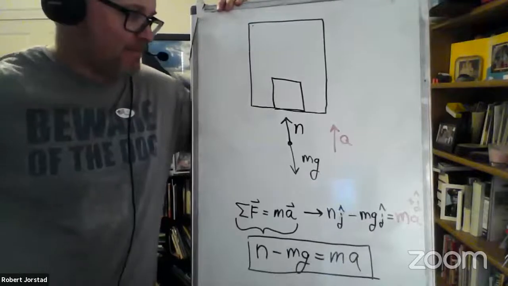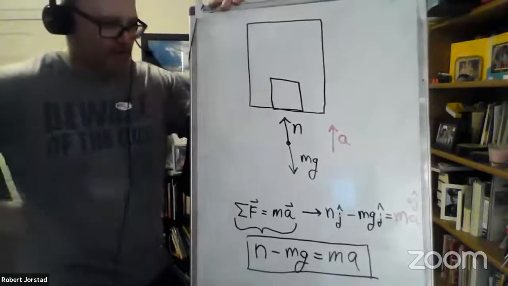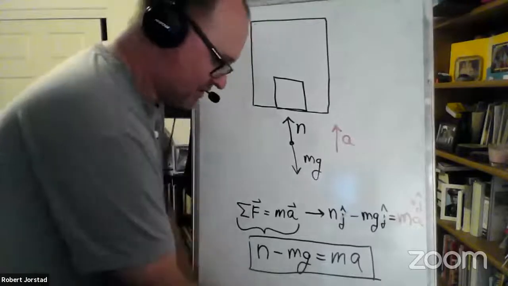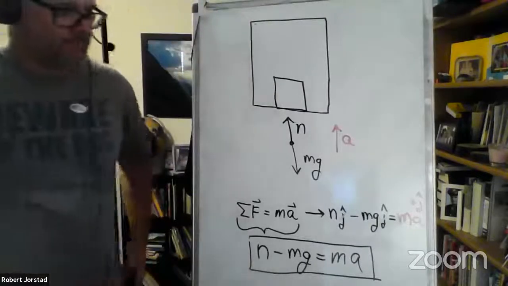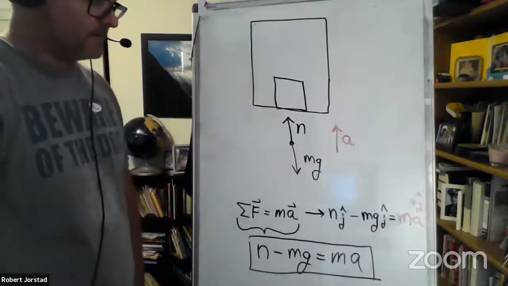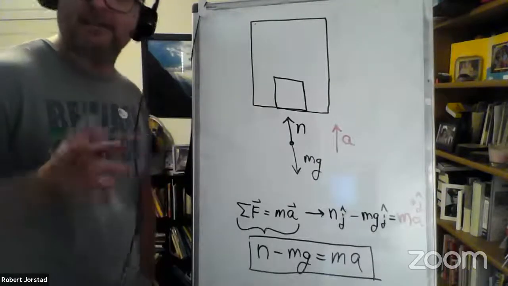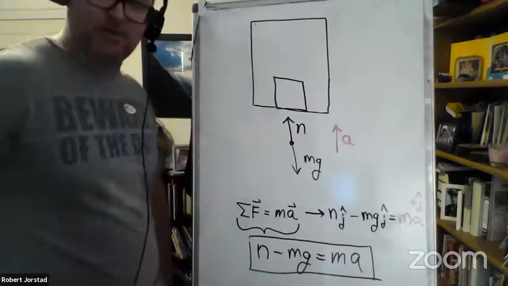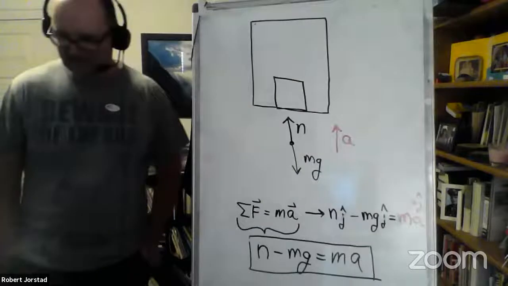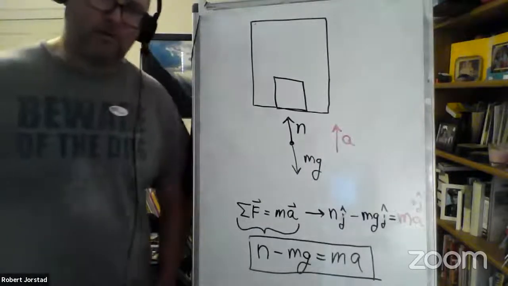Dom's been chiming in a lot, so Dom, why don't you give it a break just to see if anybody else chimes in for a sec, okay? Not trying to discourage you, just trying to mix it up. My incorrect claim: anytime this thing is moving upwards, the normal force has to be bigger than mg. One word.